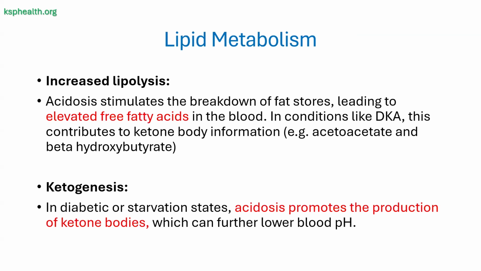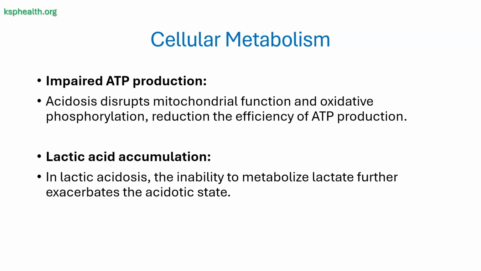As a result, it elevates free fatty acids in the blood. It can worsen ketone body formation in DKA. It also augments ketone body production, thus further lowering the blood pH. So the acidosis per se, even without insulin deficiency, can worsen ketone body formation, worsen acidosis, and worsen hyperglycemia.